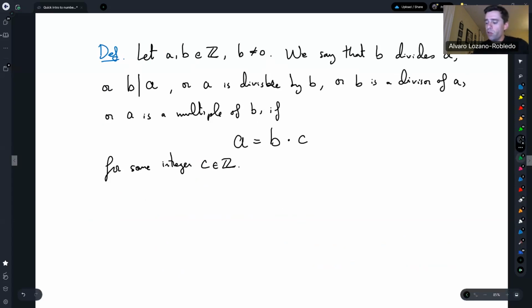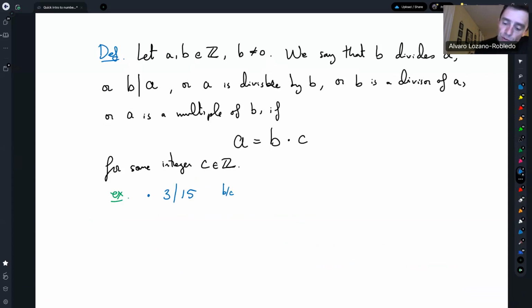Okay, so let me give you some examples of divisibility. For example, 3 divides 15. Why? Well, by definition, we need to find a number c such that 15 is 3 times c. In this case, the number 5 works. So again, in the definition, this is c, this is b, and this is a. 15 is divisible by 3.